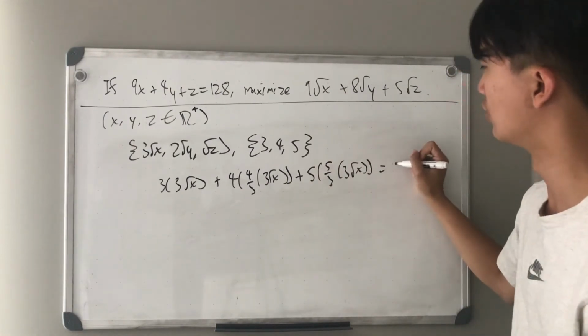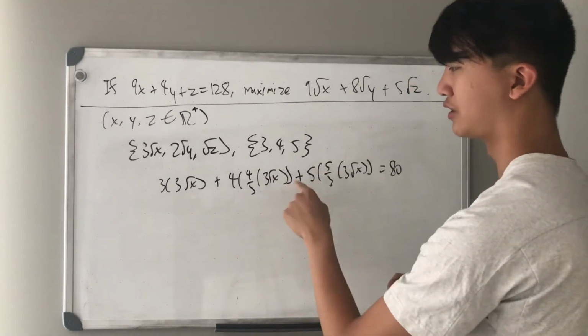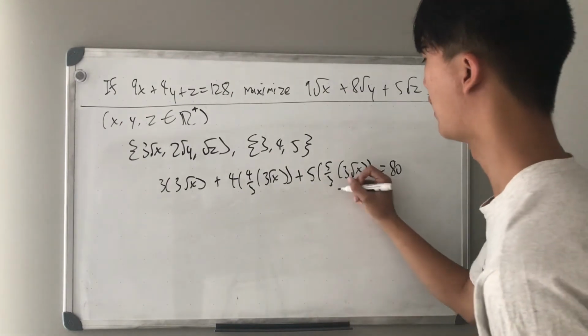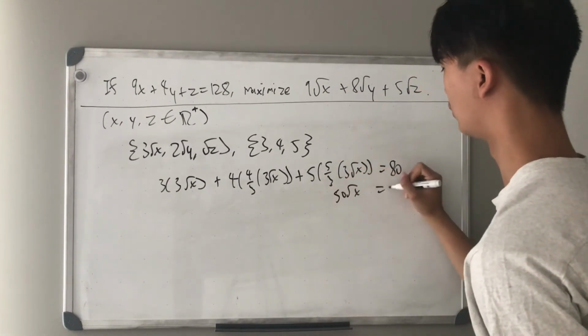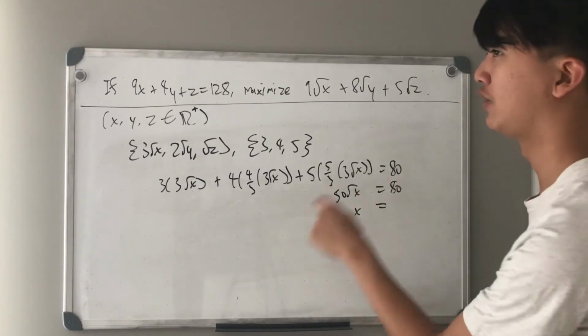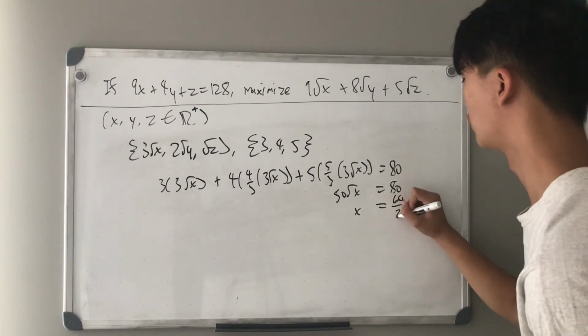All this is equal to 80. Now, this is equal to 9 root x, this is equal to 16 root x, this is equal to 25 root x. So we know that 50 root x is equal to 80, and x is equal to 80 over 50, all squared, which is equal to 64 over 25.